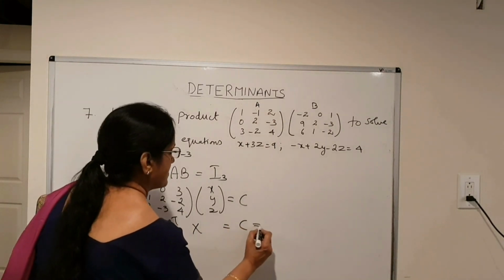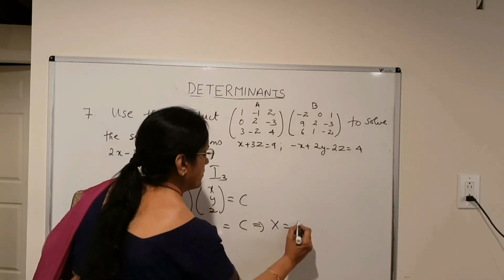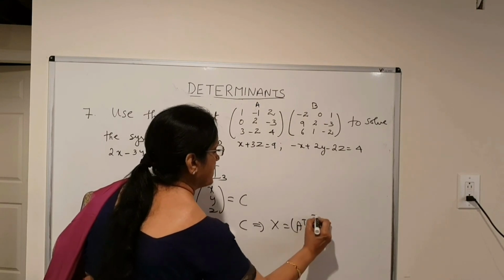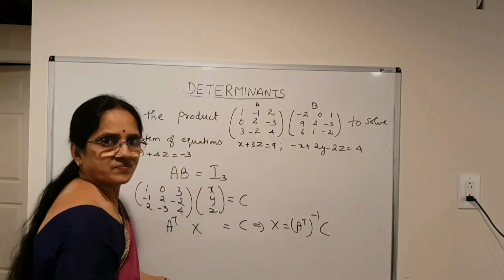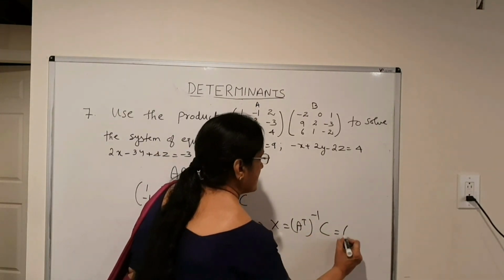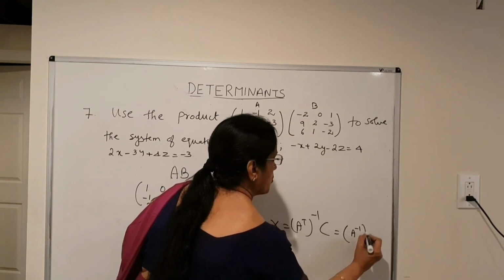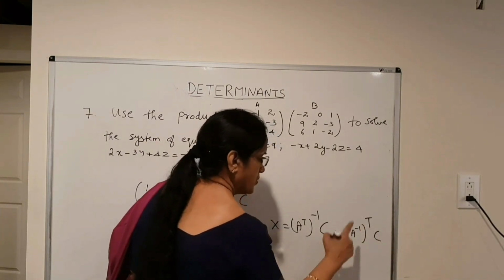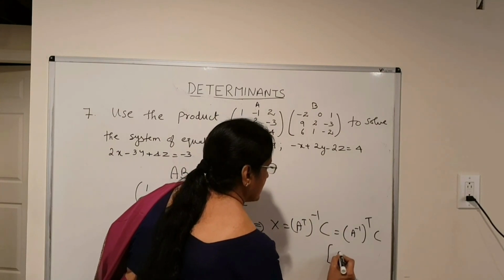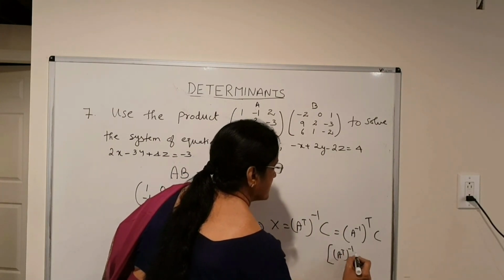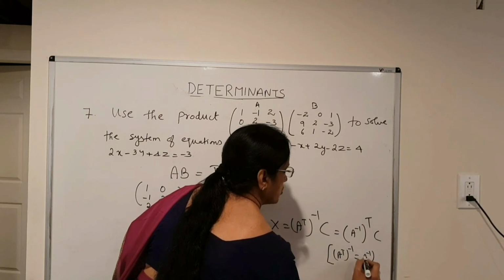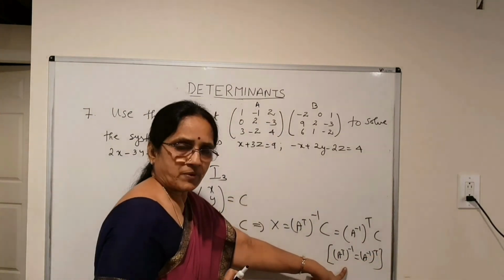This implies X is equal to A transpose the whole inverse into C. This is again A inverse the whole transpose into C. You need to write the reason. A transpose the whole inverse is nothing but A inverse the whole transpose. This is one of the properties.